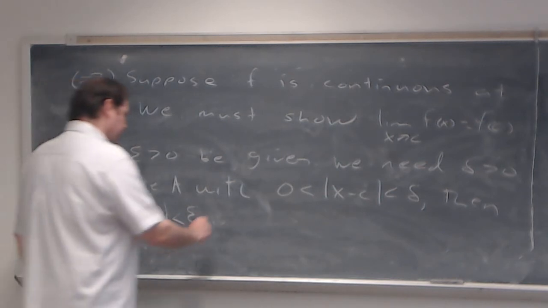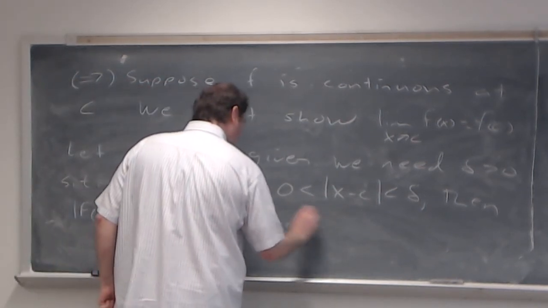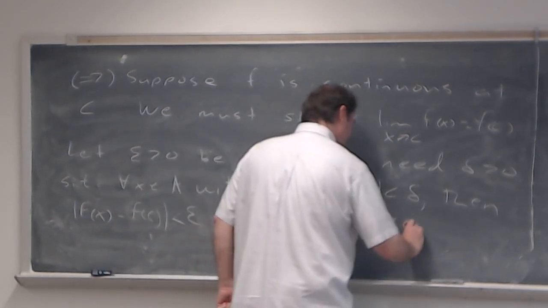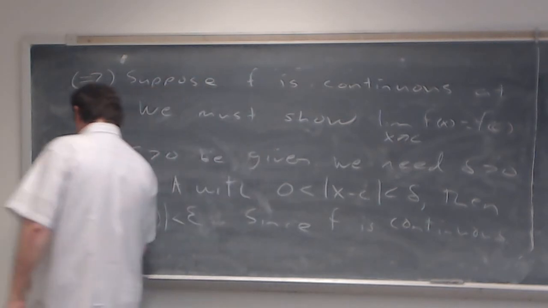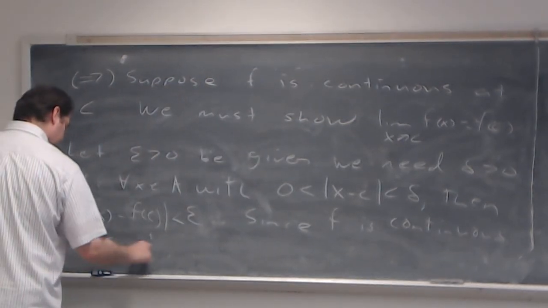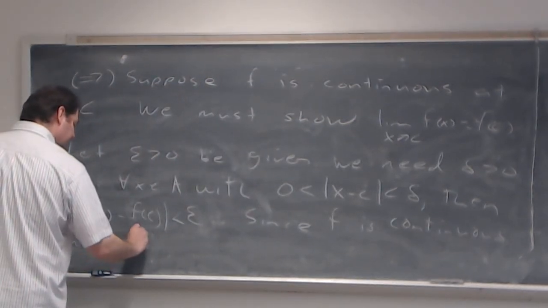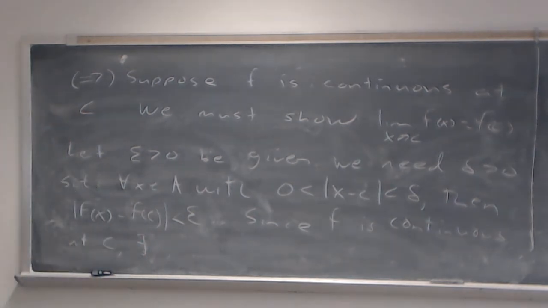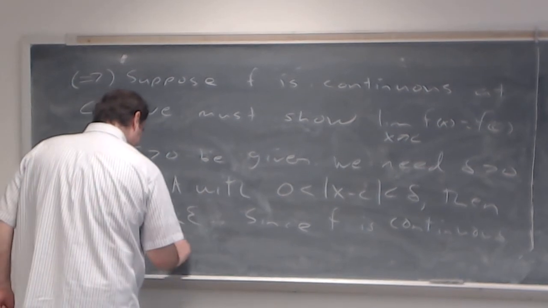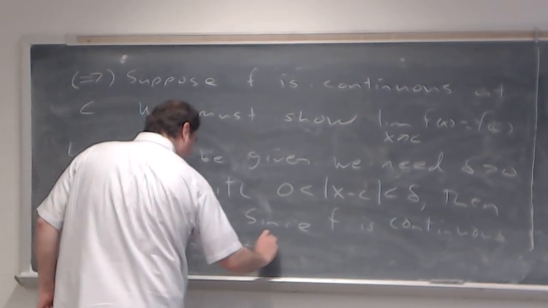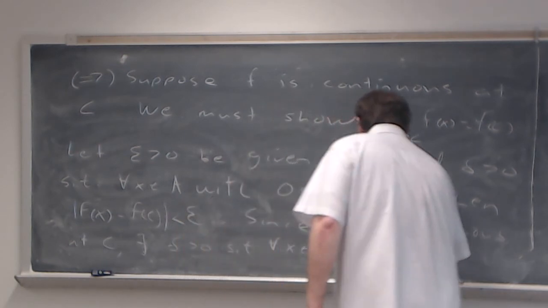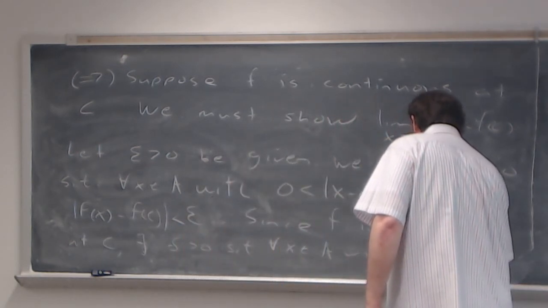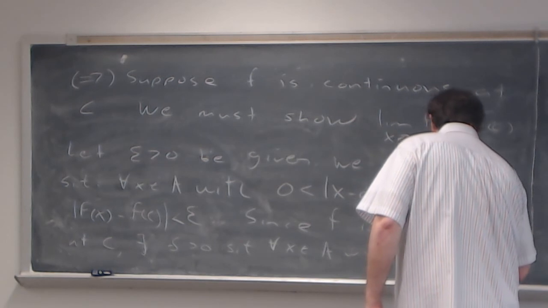Now, since f is continuous at c, what does its definition give us? Well, that means there exists a delta greater than 0, such that for all x element of A with absolute value x minus c less than delta, then what do we have?